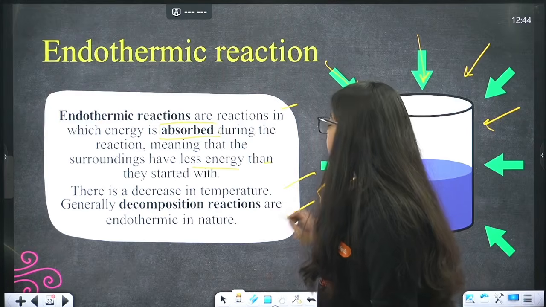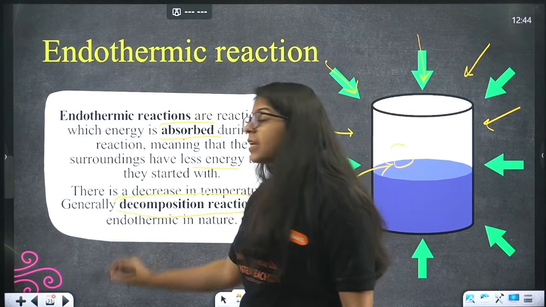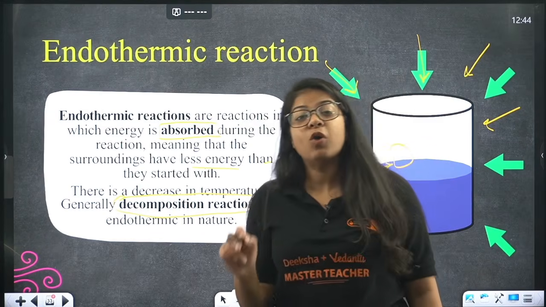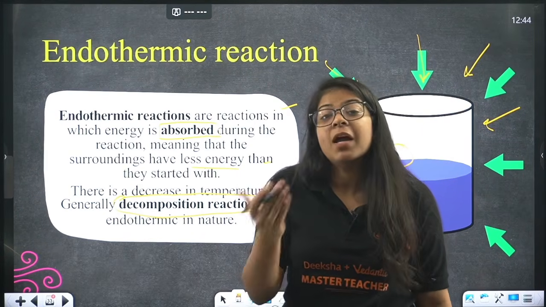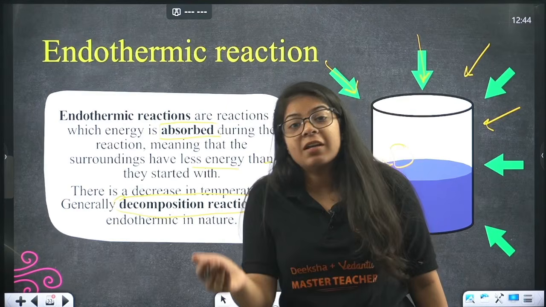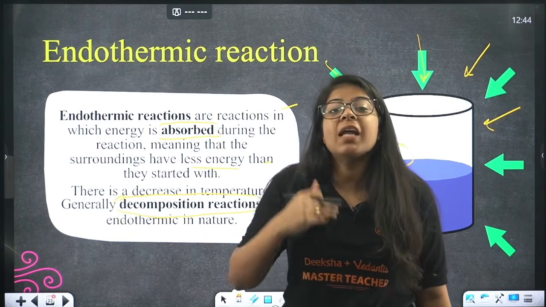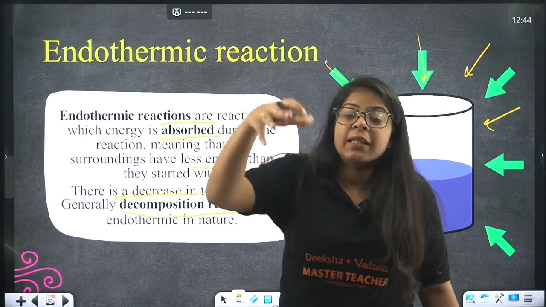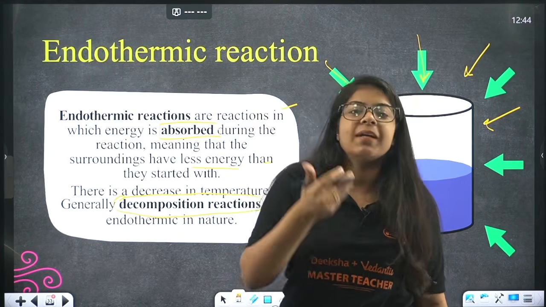Generally, decomposition reactions are those in which one single reactant is breaking down into two or more products. To break down, we were giving energy. Remember, we were giving light energy, electrical energy, heat energy. So we are giving energy to the system. The energy is entering the system, so it is an endothermic reaction.